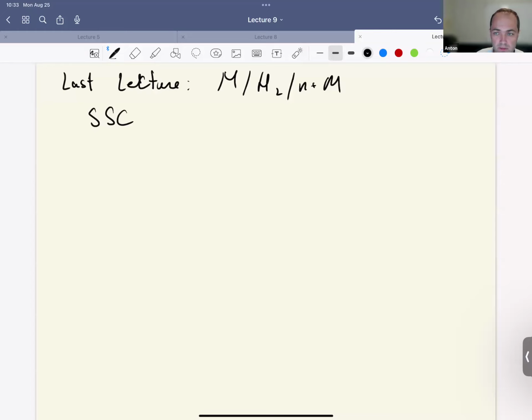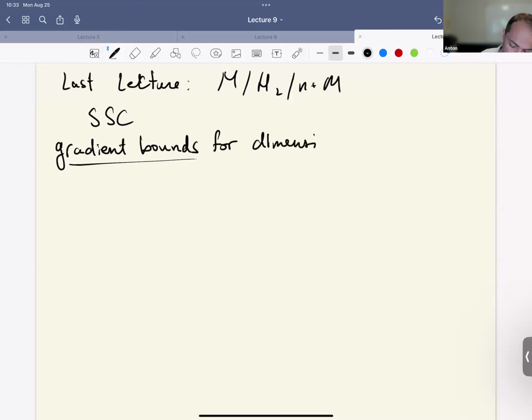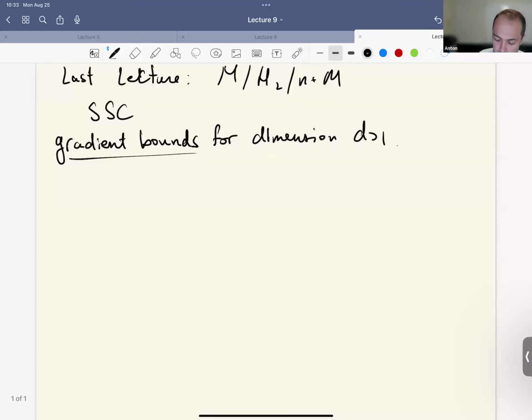There was another reason beyond state space collapse for showing you this two-dimensional model: today we're going to talk about gradient bounds, or Stein factor bounds, for the multi-dimensional setting, dimension d bigger than 1.